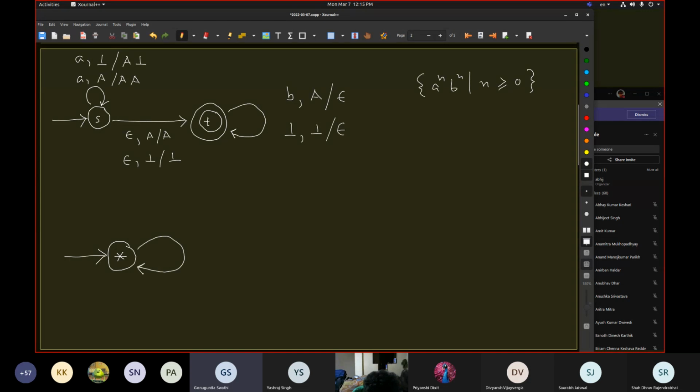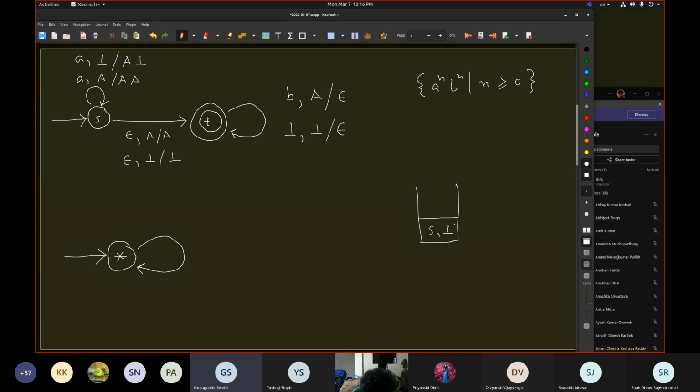So its start symbol is S and this, indicating that this machine starts in state S and its bottom marker is this.